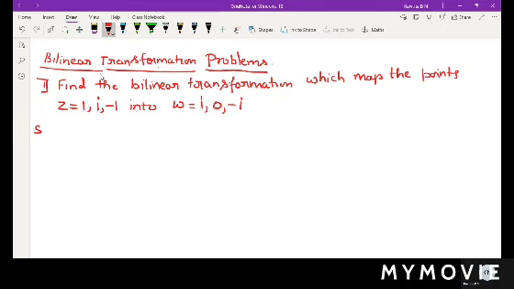Okay, we need to find the bilinear transformation. First we have to write the bilinear transformation statement.